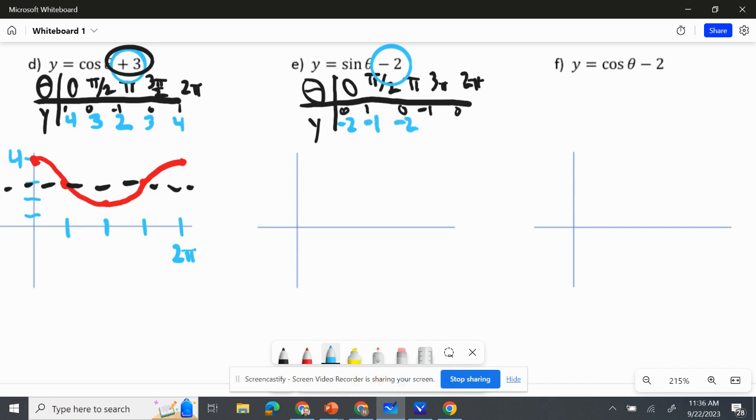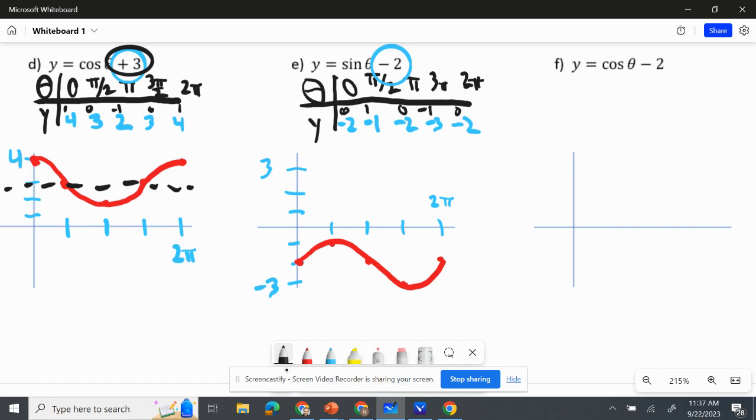Back to -2, -3, and then back to -2. So when we plot this, we have 0, -2, -1, back to -2, -3, and -2. And that's our graph.